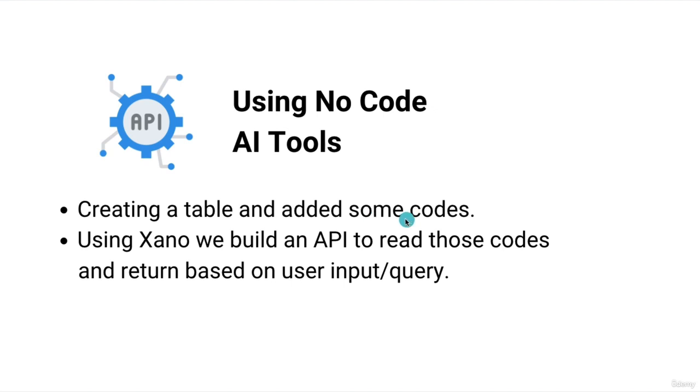We added some codes or some lines, any data you want, and then using Zyno we built an API to read those codes or database and return results based on the user input or query. Simple and easy, right?